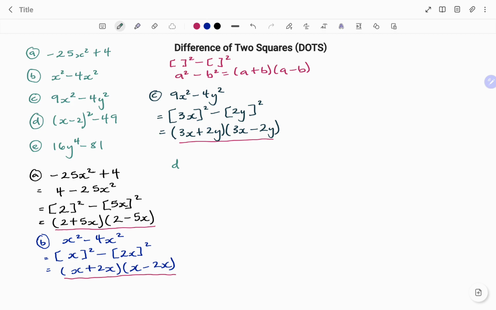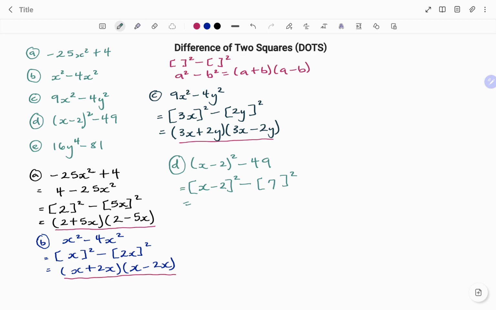My fourth example, I have x minus 2 all squared minus 49. I need something squared minus something squared. If you observe, I have two terms, x minus 2, but they've also been raised to the power of 2. So already I have my something squared, which is x minus 2. The square root of 49 is 7, so I have 7 squared.